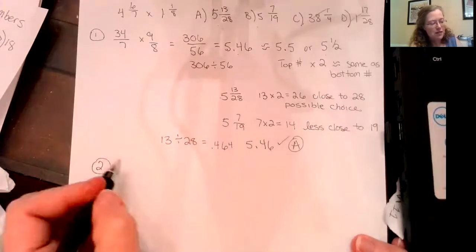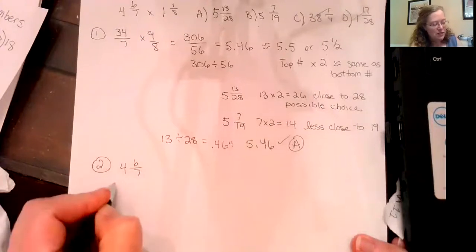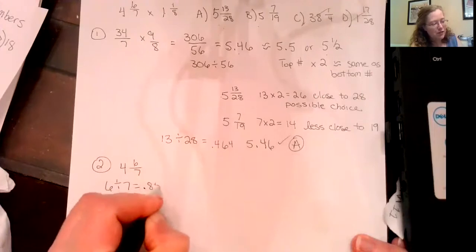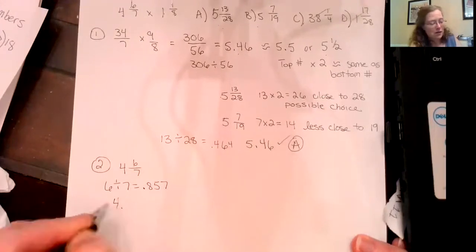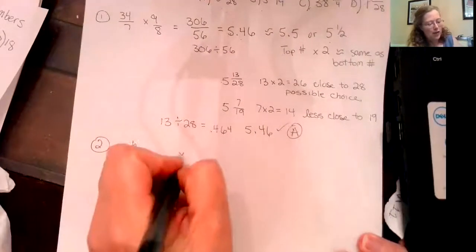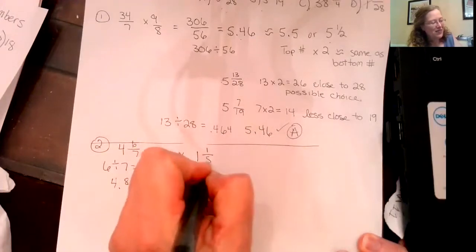In this case, we go ahead with our 4 and 6/7, and we see that 6 divided by 7 is 0.857. So this will end up being 4.857. And we're multiplying that times, oops, 1 and 1/8.